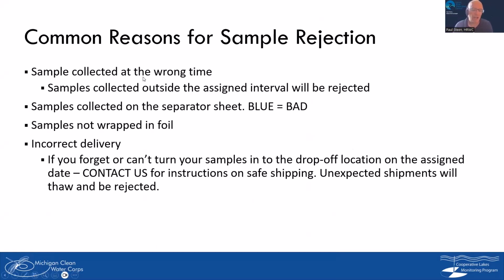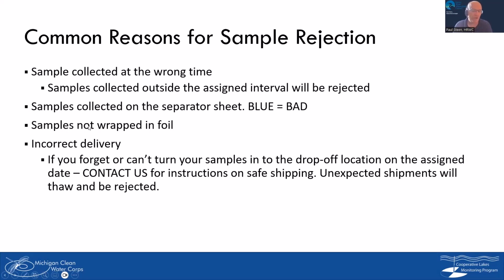If you don't collect your sample at the right time, and you're outside of that assigned interval, it will be rejected. So sample as the schedule says. If you don't filter it on the proper filter, it will get rejected. If you're trying to filter it on the blue separator sheet, that will mess up the results and it will have to be rejected.